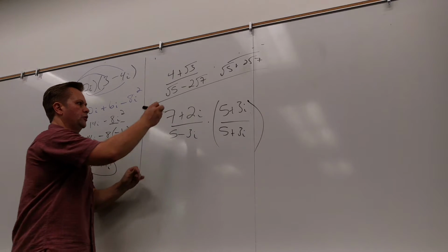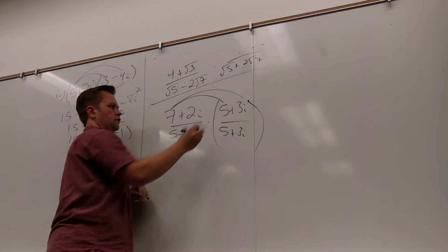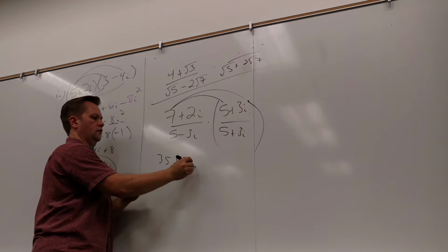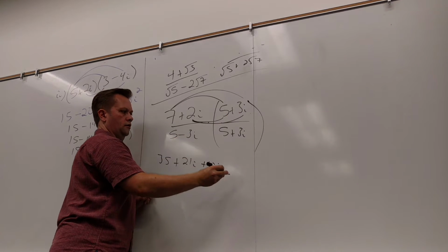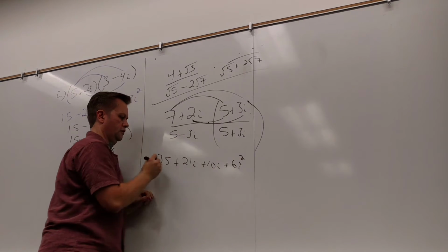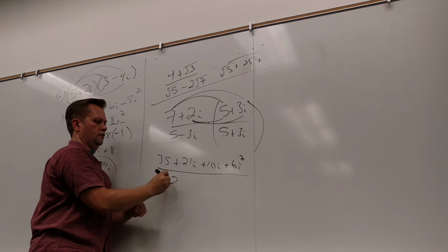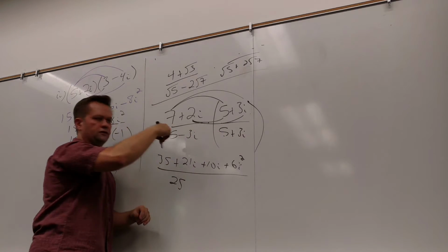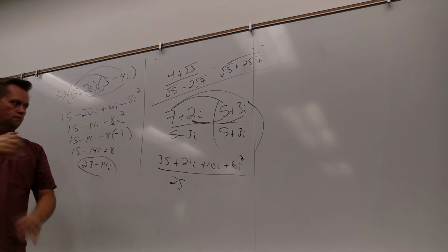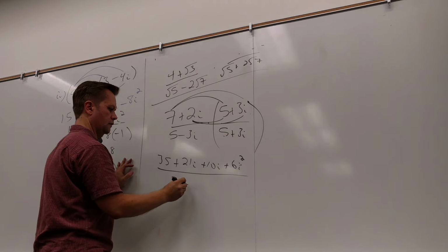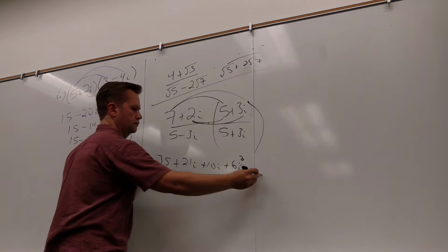And so on the top, what do we get? 21, 10, 6i squared. 25 minus 15i plus 15i. We created it so the middle term would cancel, right? Then you get plus 9i squared. I'm sorry, minus 9i squared.